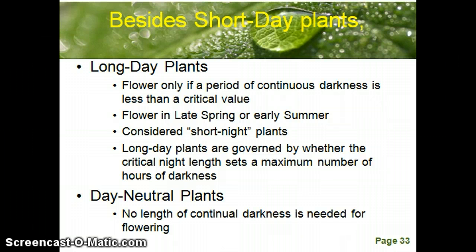So again, long day plants need to not have an excess number of hours of darkness. There's a maximum number that they can't go over in terms of darkness in order for flowering to occur. And then the last group are those day neutral plants that have no length of continual darkness needed for flowering. They are again relying just on the maturity of the plant.